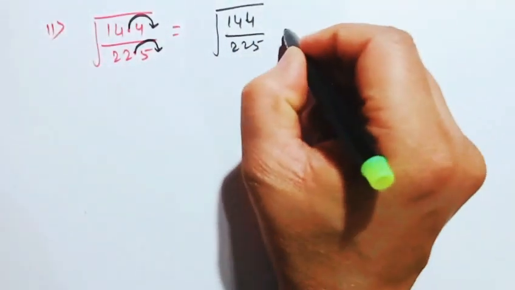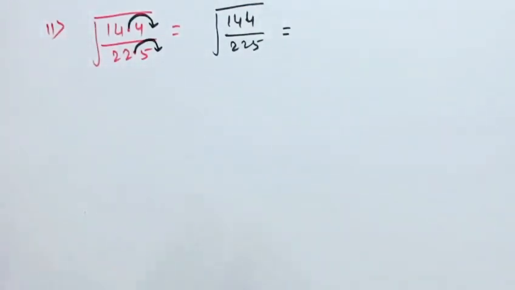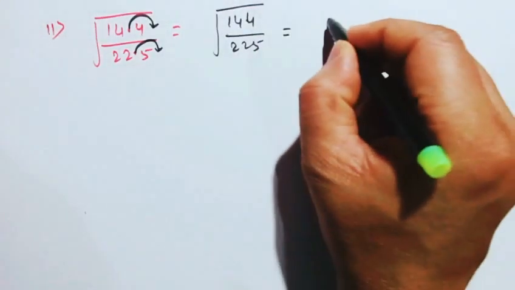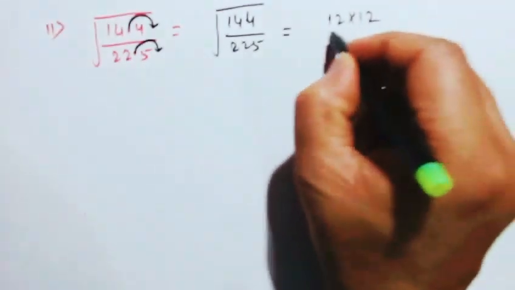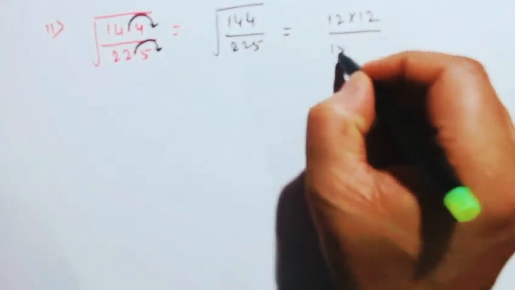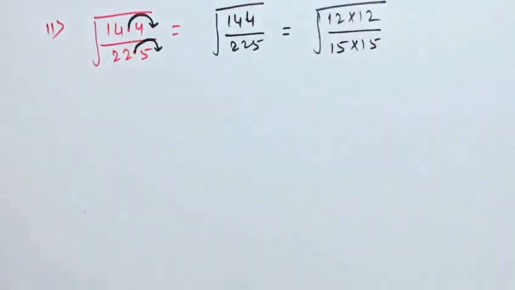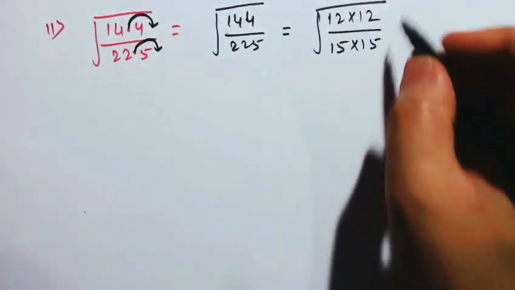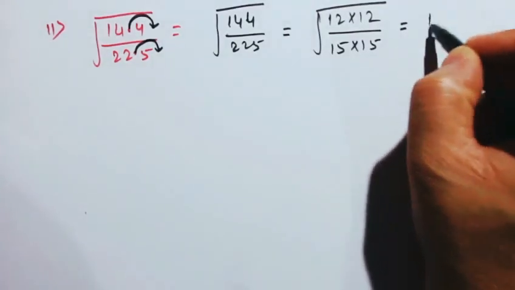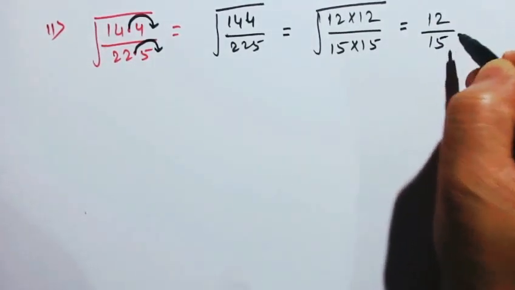Without putting our head into all these things, we got our answer. 144 is 12 times 12, and this is 15 times 15. So do learn the squares of numbers from 11 to 20. 12 by 15 as your answer.